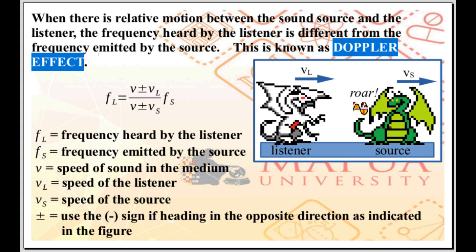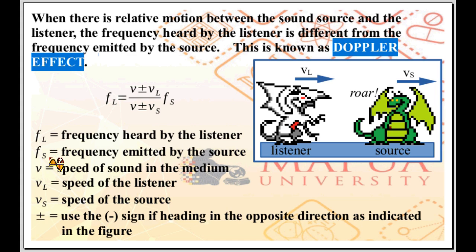It emits a frequency, Fs, the frequency emitted by the source. The sound will travel towards the listener, eventually reaching the listener. The listener will hear a sound of frequency Fl, the frequency heard by the listener.